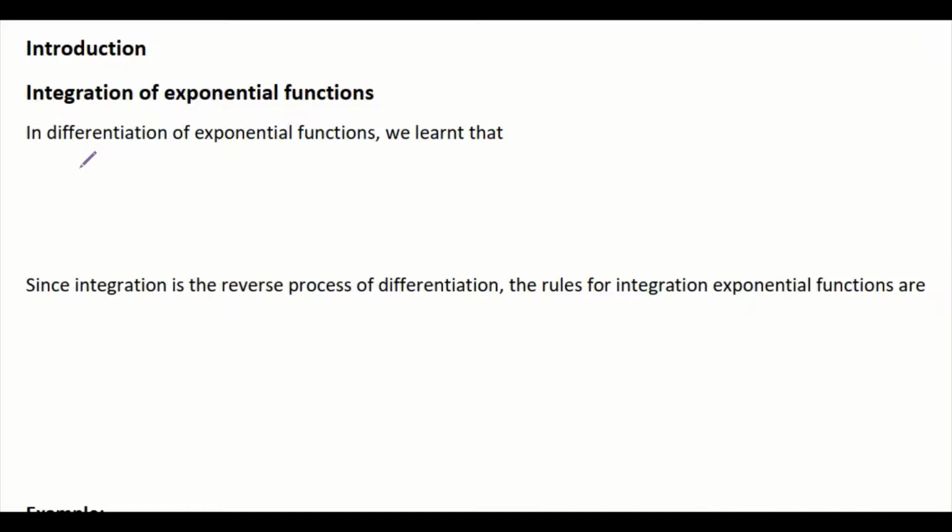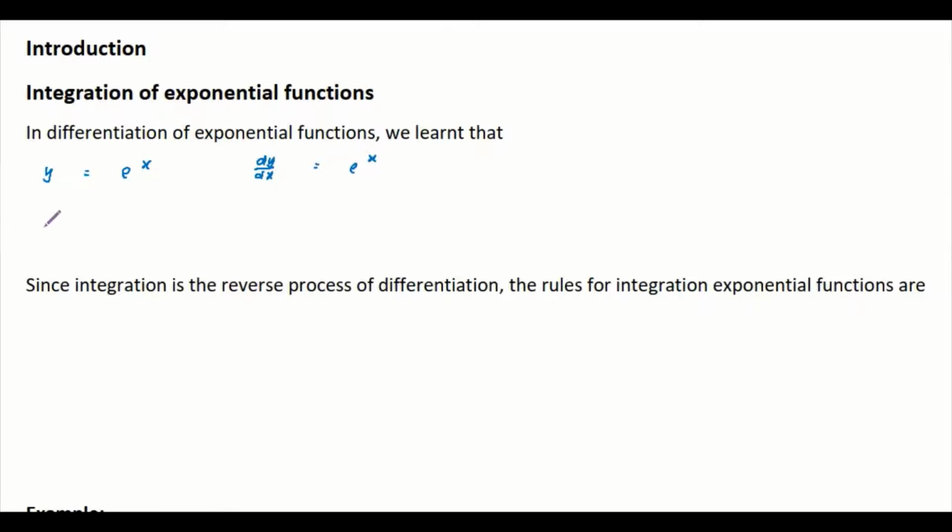In topic 4, we know the differentiation for the exponential function. If you have a function e to the power of x, when you differentiate, you will get exactly the same thing, natural base e.